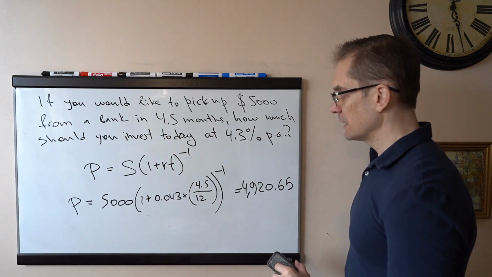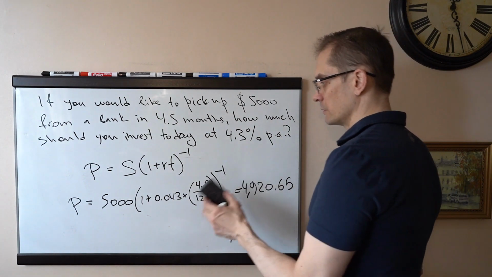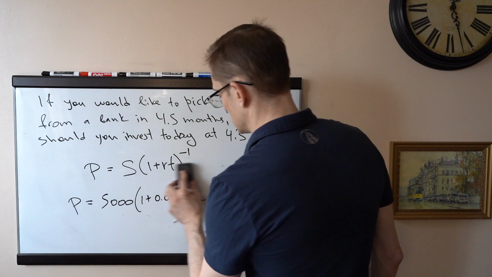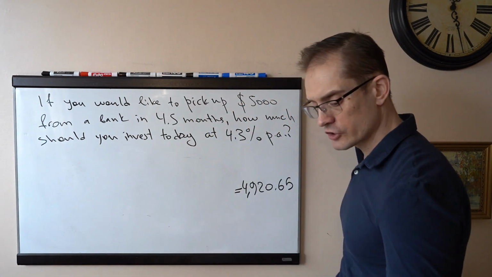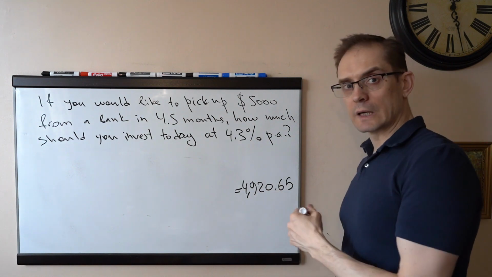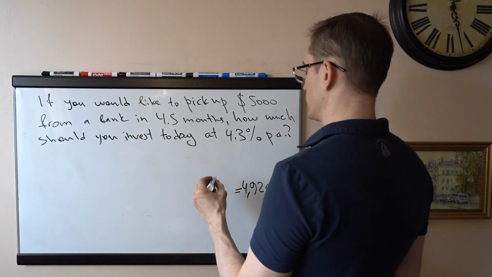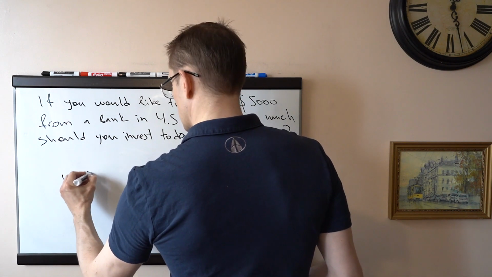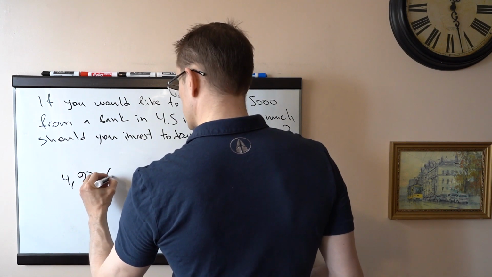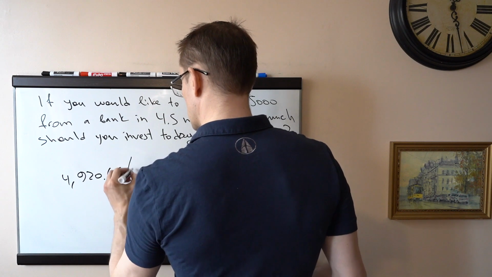By the way, it is a good idea to check. So let's check, not only for the sake of checking, but also to see how much rounding affected our future value. So we take 4,920.65 times (1 plus 0.043 times 4.5 divided by 12).